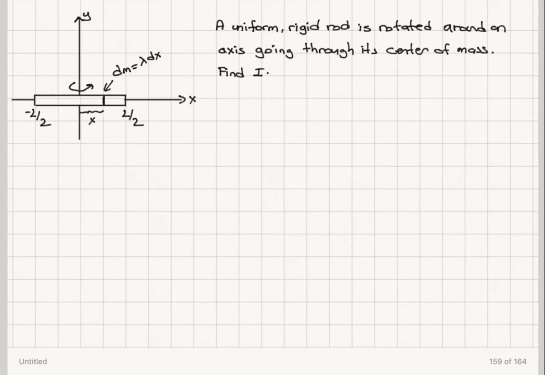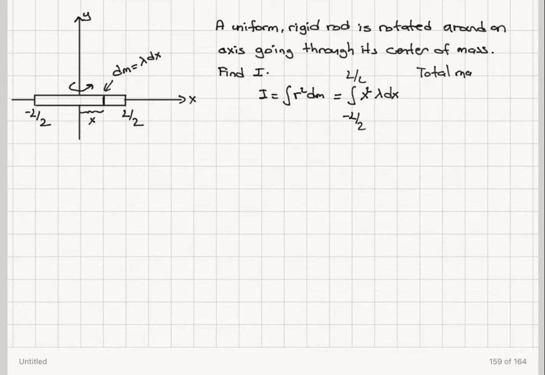This is located at x, and in this case the moment of inertia will be the integral of r squared dm. Again, r is equal to x, so x squared, and dm is lambda dx. So the only thing that changes is the limit of my integration. I have to go from minus L over 2 to plus L over 2.